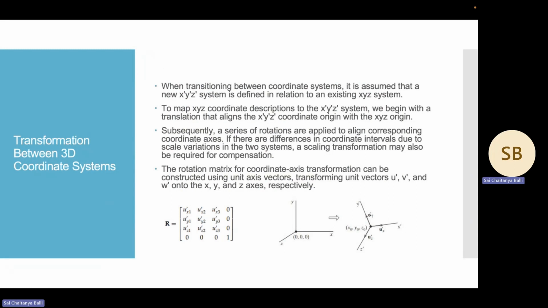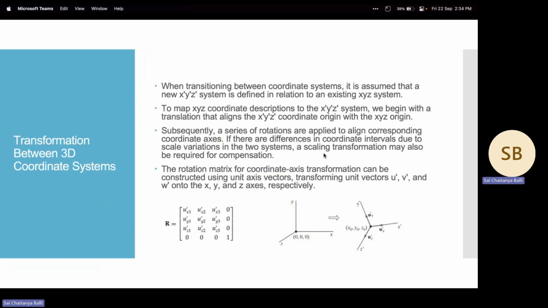To map xyz coordinate descriptions to the x dash y dash z dash system, we begin with a translation that aligns the x dash y dash z dash coordinate origin with the xyz origin. Subsequently, a series of rotations are applied to align corresponding coordinate axes. If there are differences in coordinate intervals due to scale variation in the two systems, a scaling transformation may also be required for compensation.